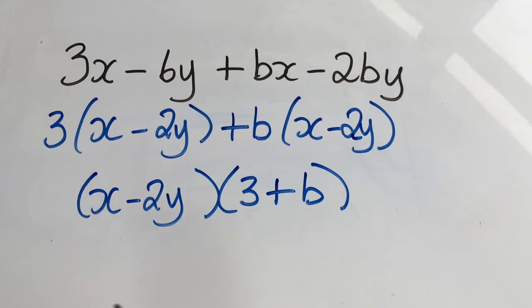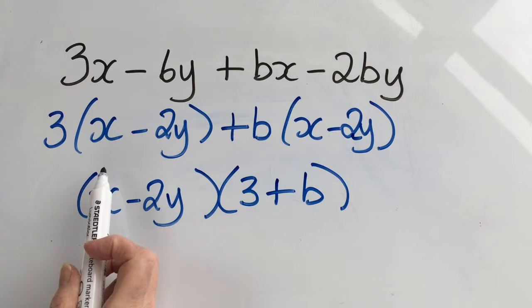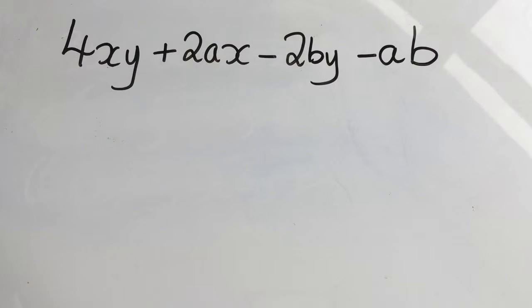It gets more important to write down your second bracket the same as the first bracket when you've got different signs. And we'll take an example of that now. Now this looks harder, but we're going to approach it in exactly the same way. Can I take out a common factor?